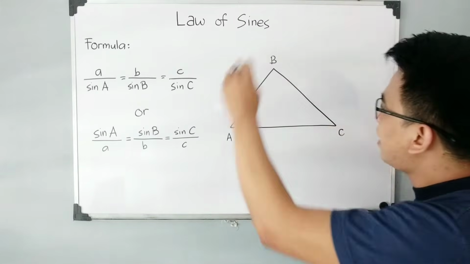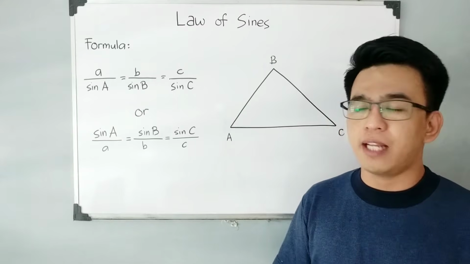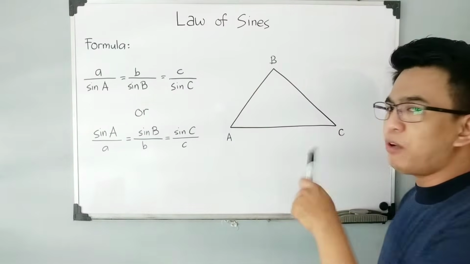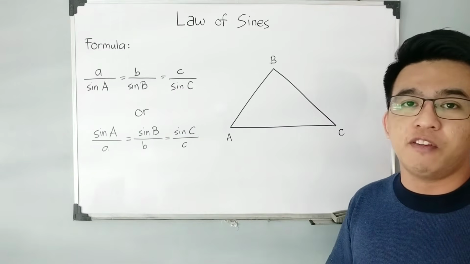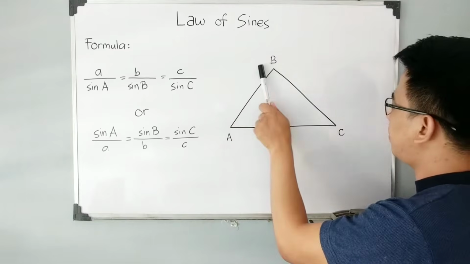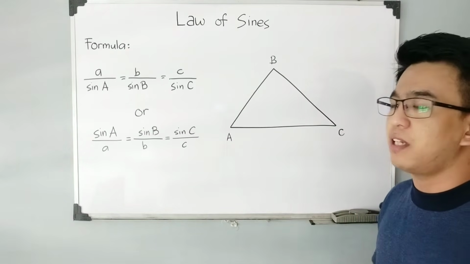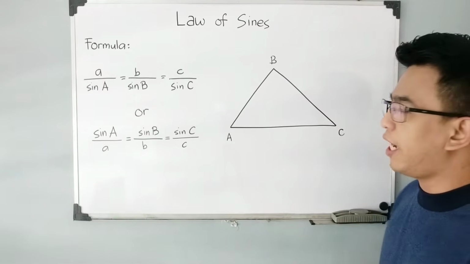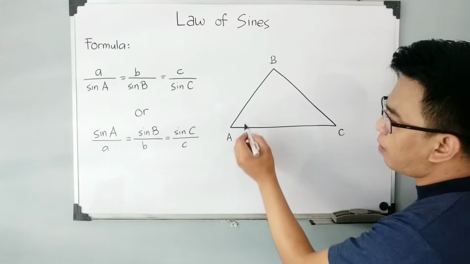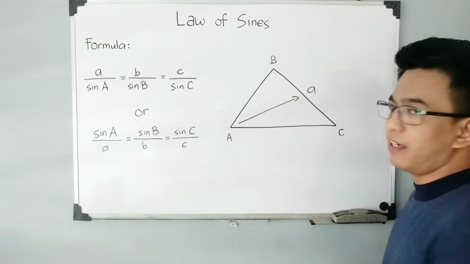So here, I have a triangle to show you one of the skills you need to learn. I have here triangle ABC. It's important that we locate its different parts properly. This is your angle A, this is your angle B, and this is your angle C. So we have three different angles. And sir, what about the sides? Here. If this is your angle A, the side opposite to this angle is your side a.